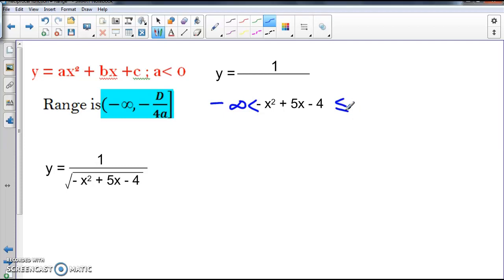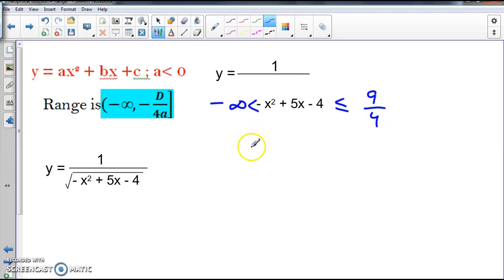What is d in this case? It is b square minus 4ac, 25 minus 16, 9. So minus d by 4a is 9 by 4.